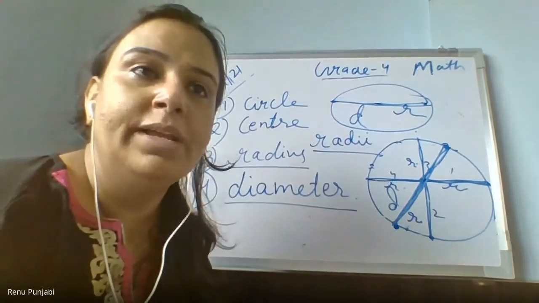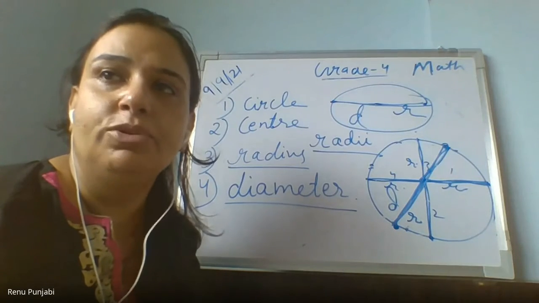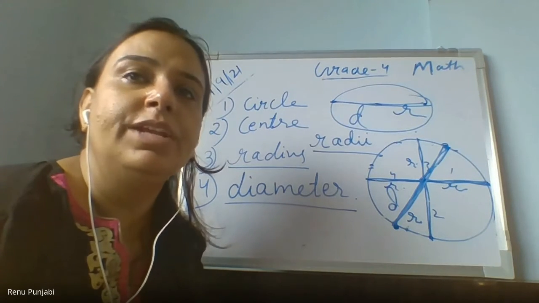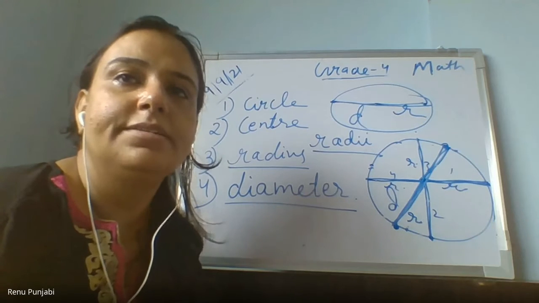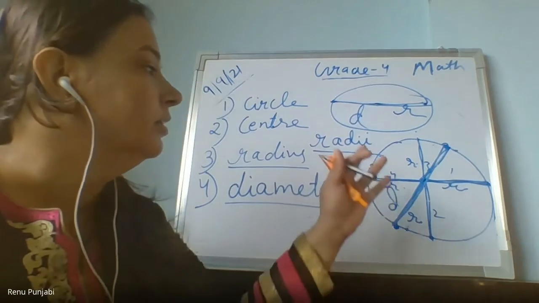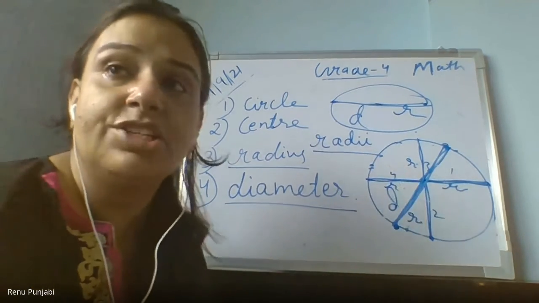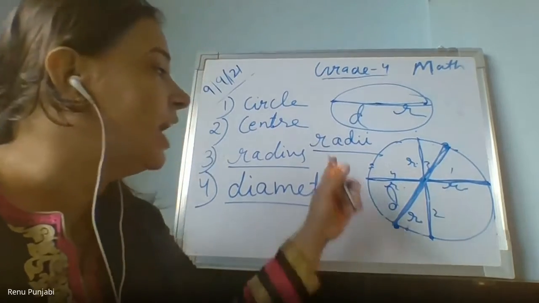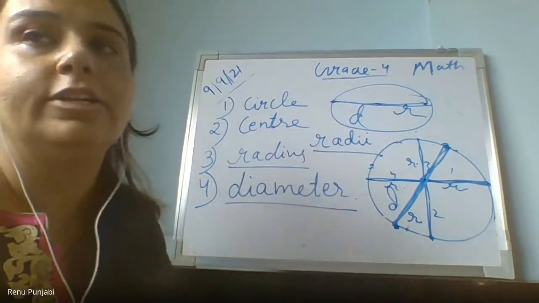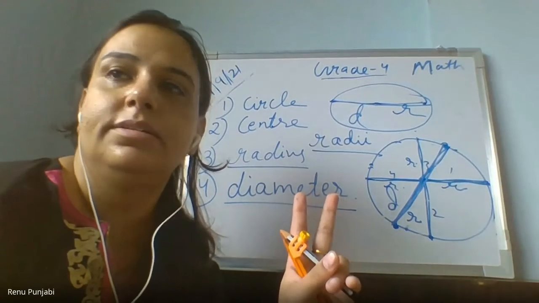The plural of many words you learn in English, singular and plural. So here also there are more than one radius, which is 6 as you all told. So I called it radii, not radius. Radius is singular, radii is plural. Got it?